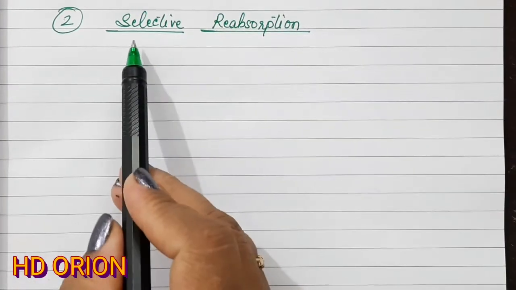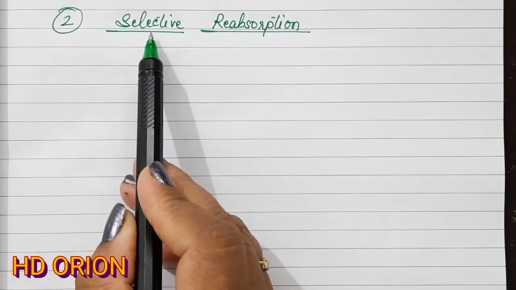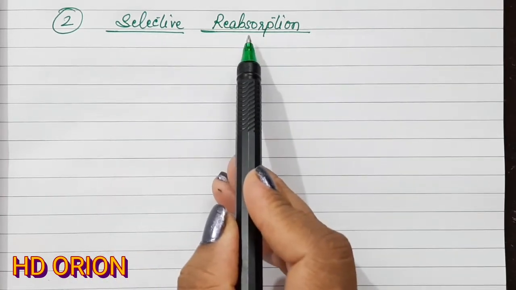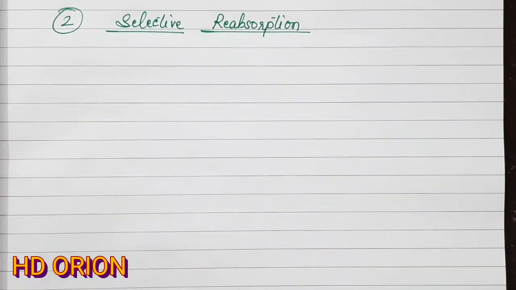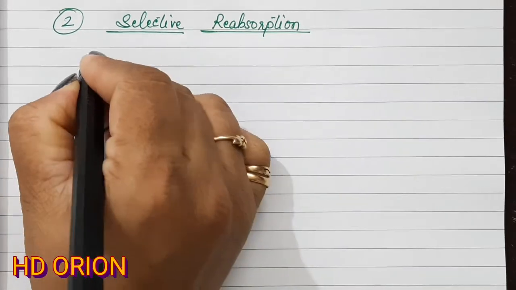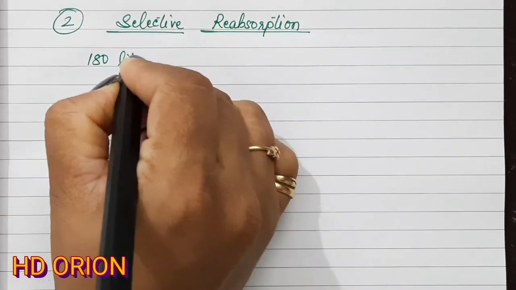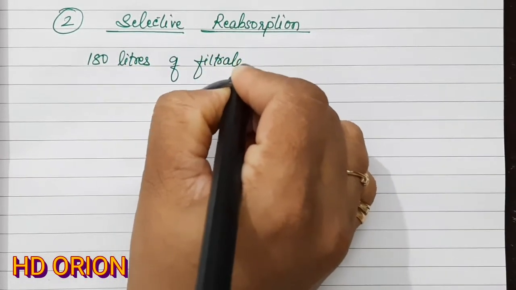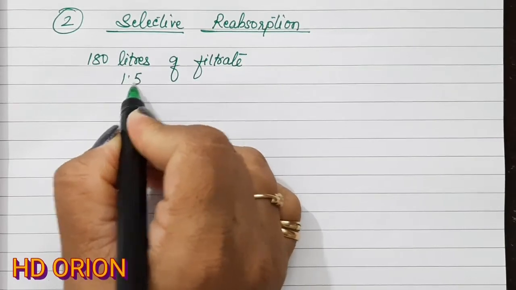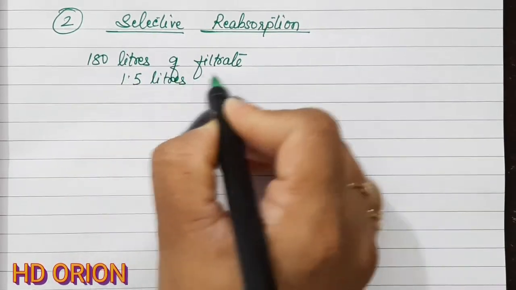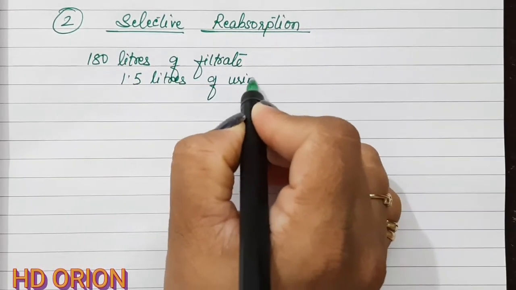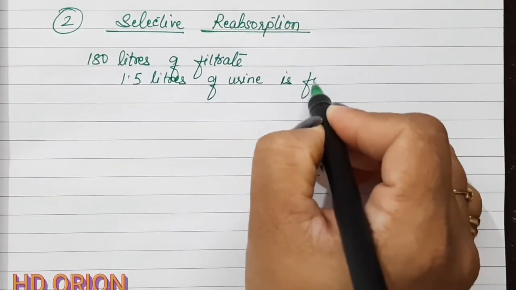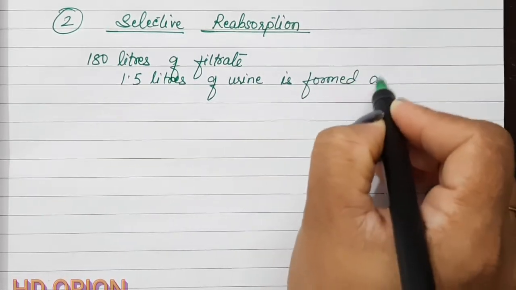Now let us see the second step, which is called selective reabsorption. Out of the 180 liters of glomerular filtrate produced in 24 hours, hardly 1.5 liters of urine is formed daily.